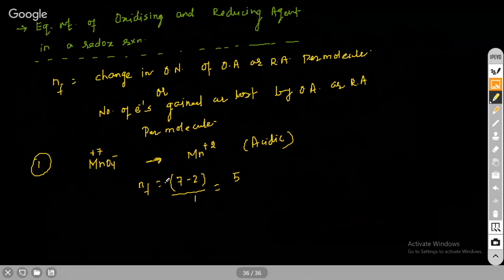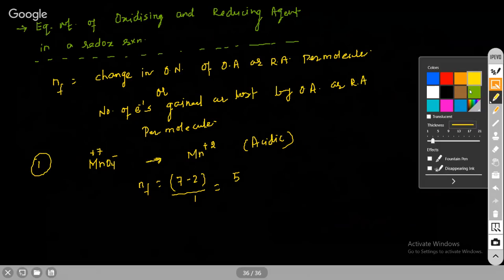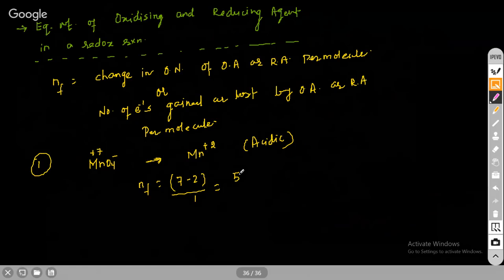This is by the first definition I have written here, the change in oxidation number. We can also find it from the change in the number of electrons. Like you see, this is the half reaction, which I am just giving you to understand; you can do this for all other reactions. In acidic medium, when we balance this, we have 4 oxygen here, so we add 4 H2O this side.